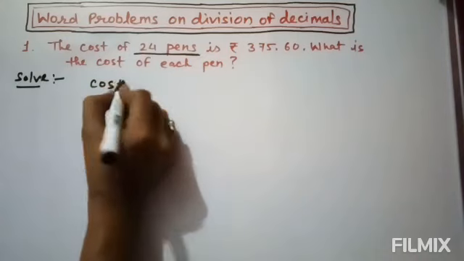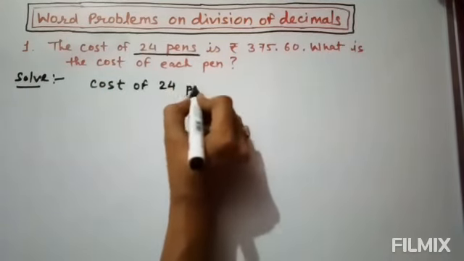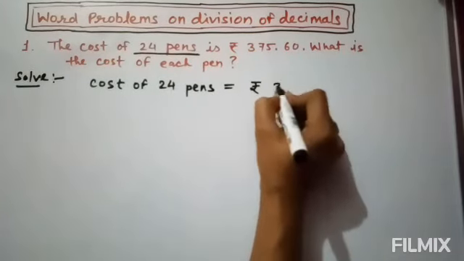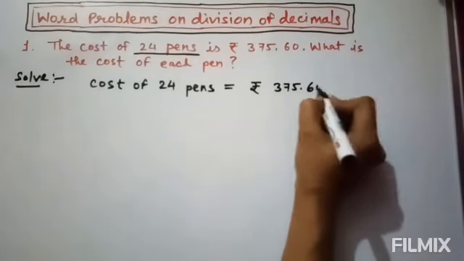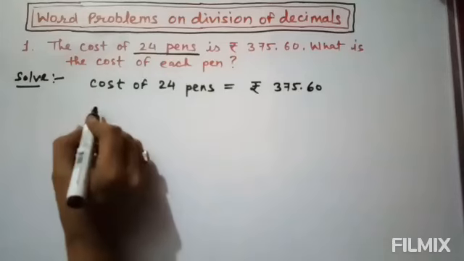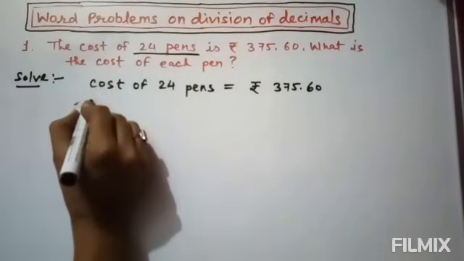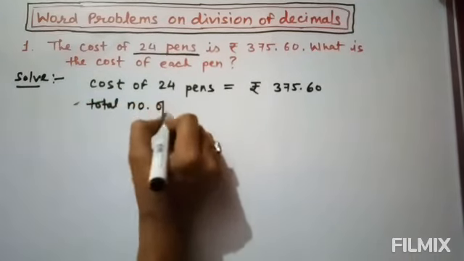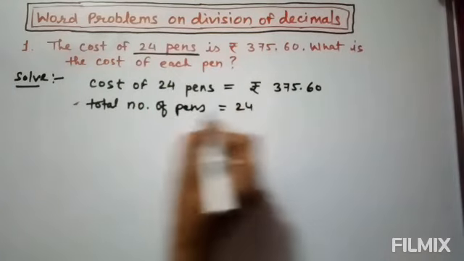First of all, the cost of 24 pens we will write, which is given in the question: ₹375.60. We will write the total number of pens, 24.